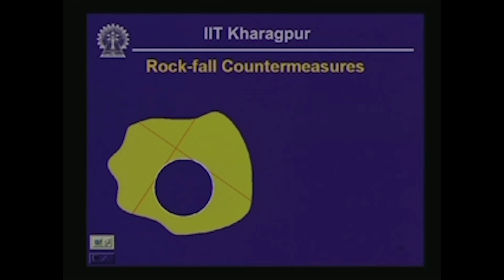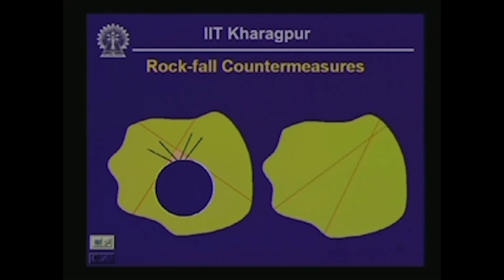So, obviously, in this particular case, the wedge near the crown of the tunnel is going to be susceptible to falling over into the tunnel opening, and we can stabilize this problem of falling wedge by installing rock bolts, as we have just now discussed.